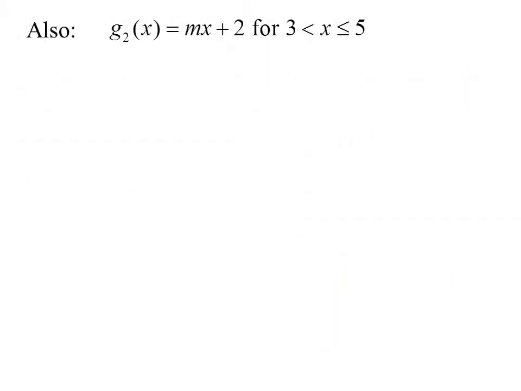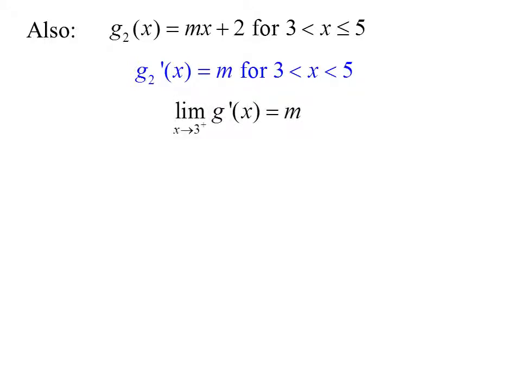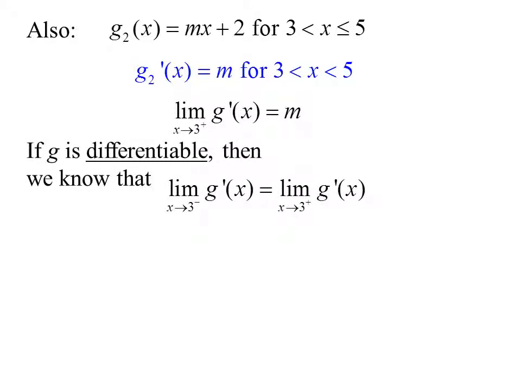Meanwhile, the limit of the derivative of g as x approaches 3 from the right depends upon the derivative of the second function rule. This derivative is just the constant m, so the limit of the derivative of g as x approaches 3 from the right is m. Setting the limits of the derivative of g of x from the left and right of 3 equal to each other, we get k over 4 equals m, or k equals 4m.